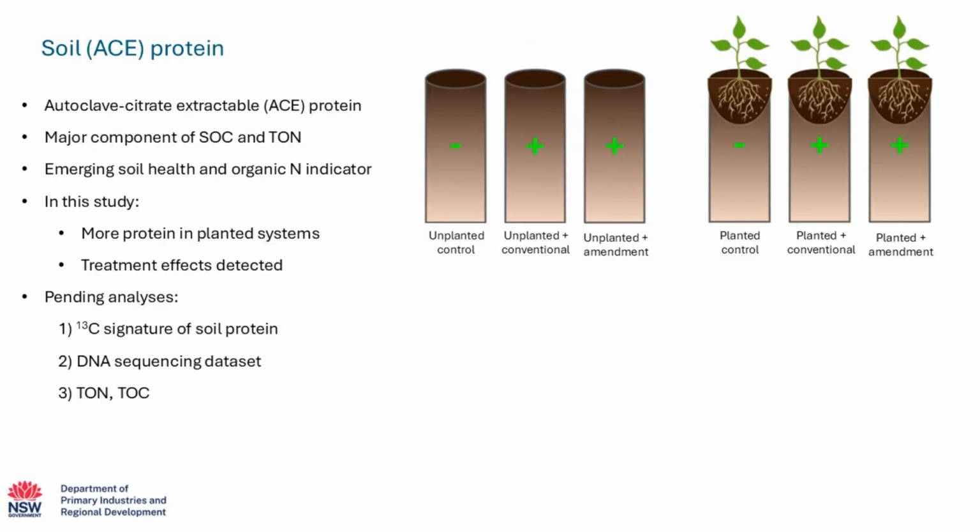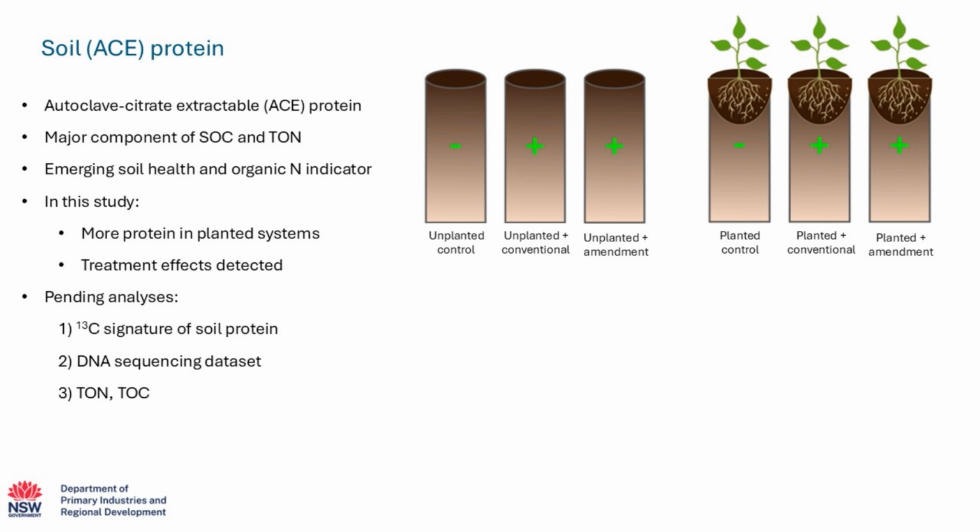Going back to soil ACE protein, it is measured by autoclave citrate extraction, followed by total organic carbon analysis. It represents a substantial component of soil organic carbon, up to 40%, and also a substantial component of total nitrogen, averaging around 28%.